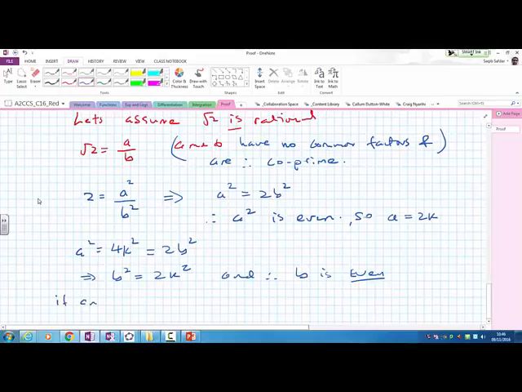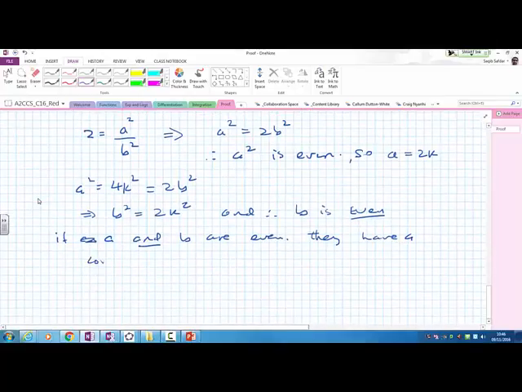If a and b are even, they have a common factor. Exactly. They have a common factor. And therefore are not co-prime.